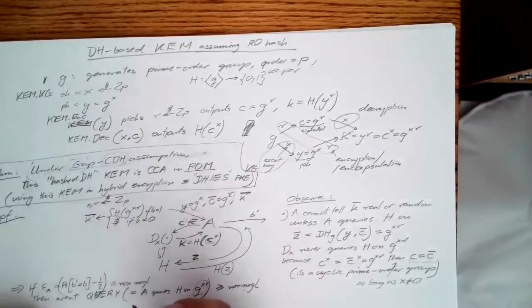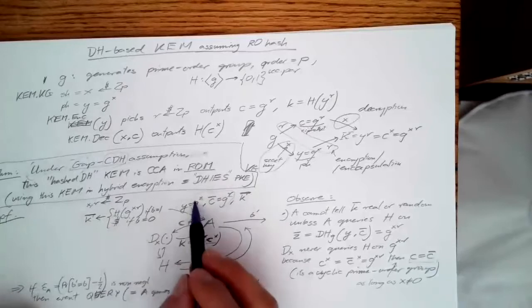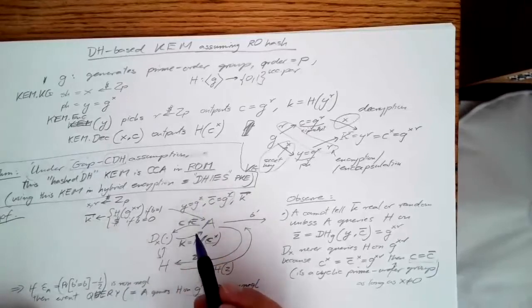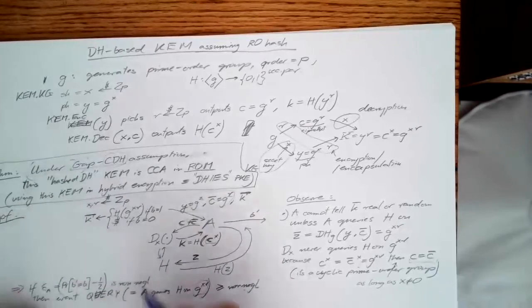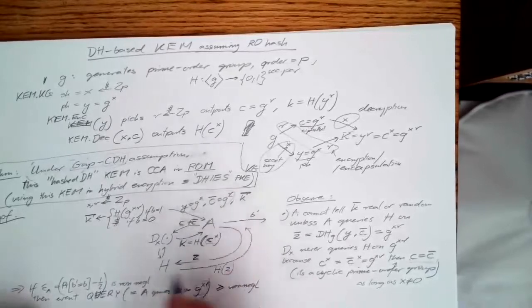Otherwise, the reduction would have to internally break the discrete logarithm, which would fail to make a proof of security, right? The reduction has to just use the attacker to solve the challenge.